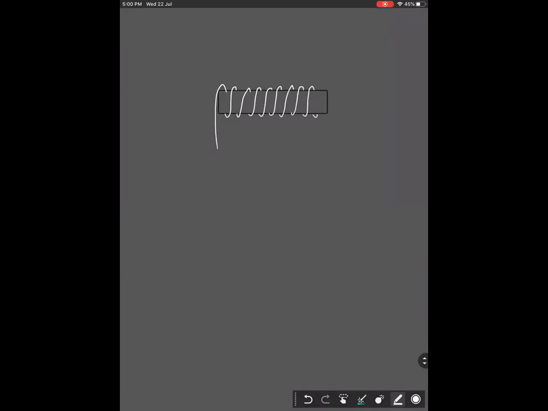Suppose we have control of current. We can change the direction of flow of current. Initially, we are flowing current in such a way that this side forms N and this side forms S. Let's make a graph between I and H. This is H, this is I.